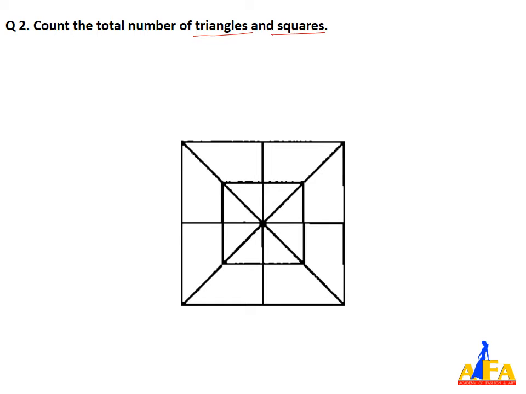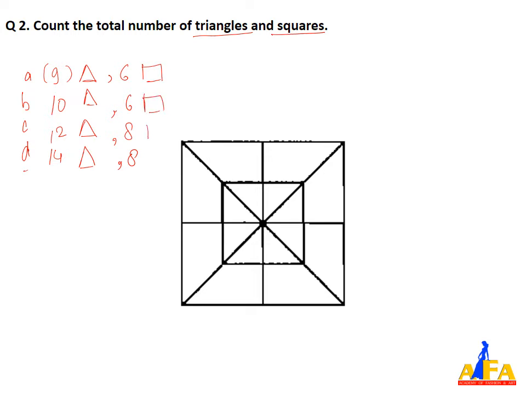Sometimes questions come where you have to calculate both figures. So options should be given, like if given 9, 10, 12 and 14 for the triangles, I'm taking this example to make you understand. And the square numbers are given as 6, 6 and 8, 8. So by the options you have to choose what you have to start first.